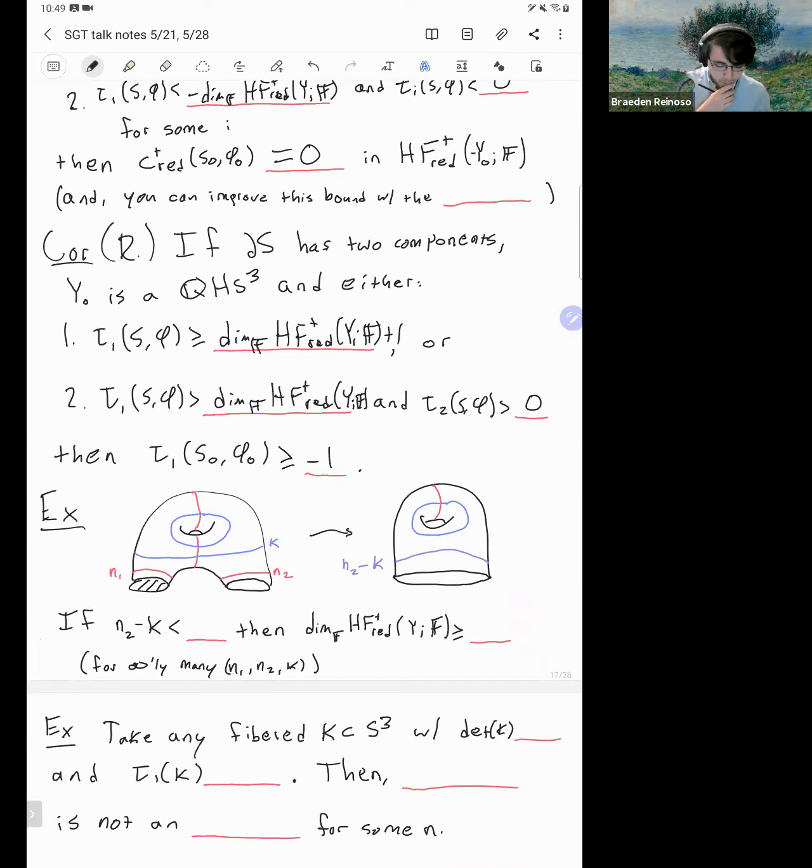Okay, so just as an example, because this is kind of a complicated statement, how can you actually use it? Well, this example we saw last time was originally due to Baldwin and Etnyre. And the point is just that this example shows that your fractional Dehn twist coefficient can change by essentially however much you want. So this guy here is some open book decomposition with pseudo-Anosov monodromy.